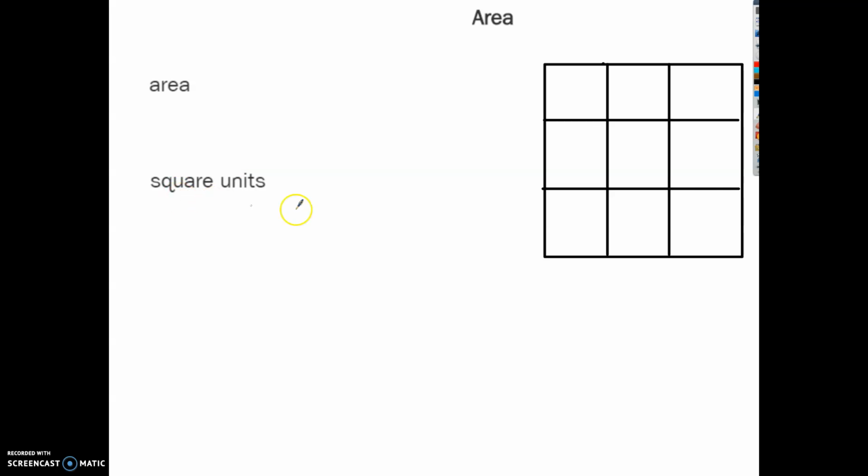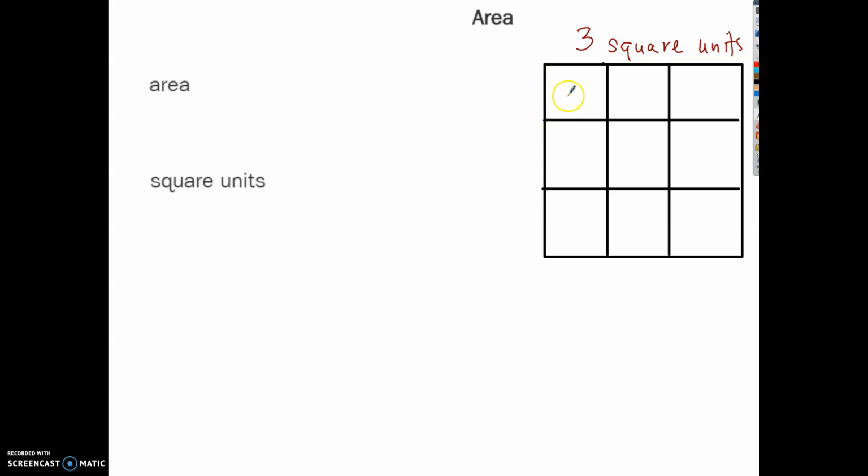So if we had this square here, okay, and I'm going to say that this is not in inches, I'm going to just say square units. So I'm going to label this side as 3 square units.